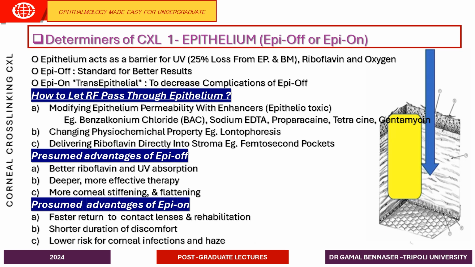As you know, riboflavin is hydrophilic and the epithelium is lipophilic, so the penetration will be retarded and mainly dependent on the intercellular spaces. And these intercellular spaces are backed by very tight junctions, so the penetration of riboflavin is much limited by the presence of tight epithelial junctions.